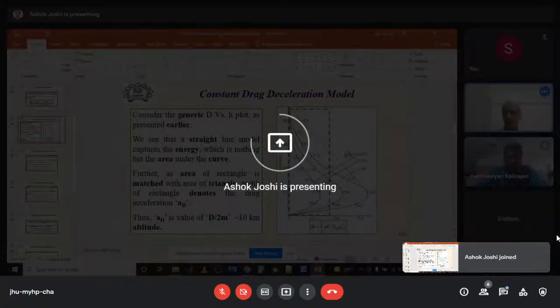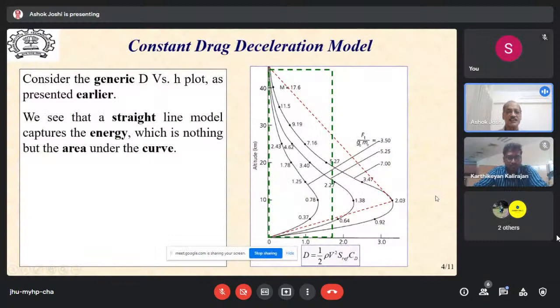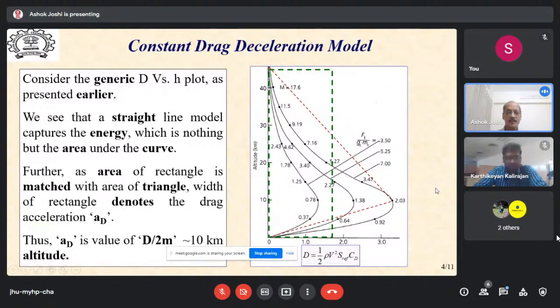So I will start with this particular picture, which I think at least Karthikeyan was telling me was what was commented on. And this is the fundamental basis behind the analysis of drag that we have done in the present lecture series.